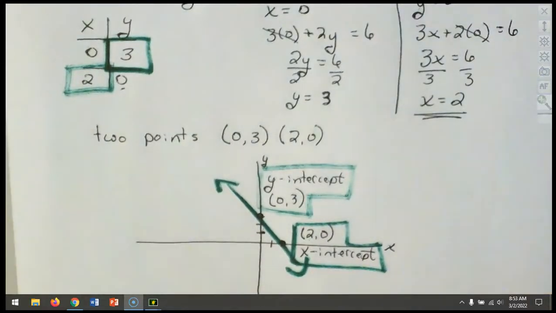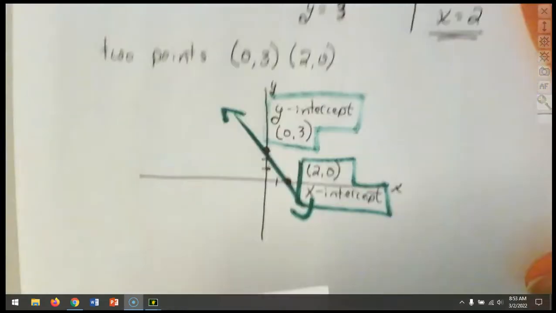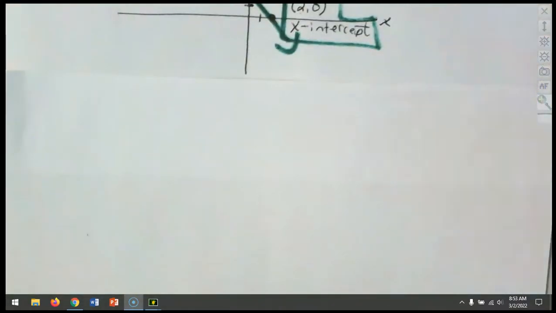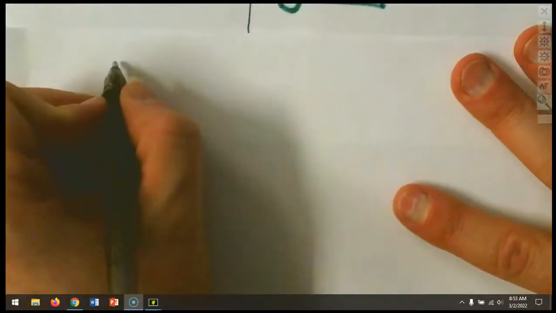Now, what do we do if we need to graph a line where the intercepts are the same? If they come out to be 0, 0 on both of them, we're going to have to come up with another point because our rule says 2 points to connect them together. Right? We need 2 points. We can use a ruler to just draw a straight line. If you don't have 2, you're going to have to come up with another one.